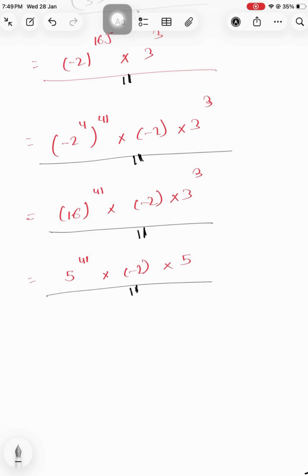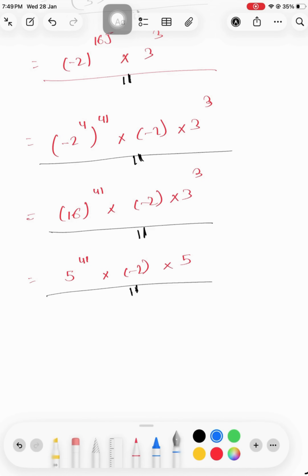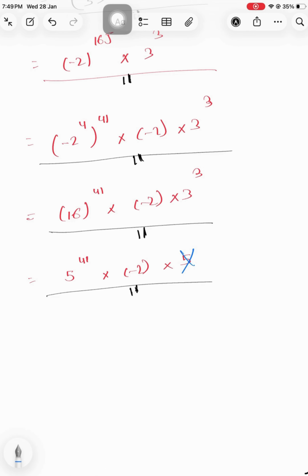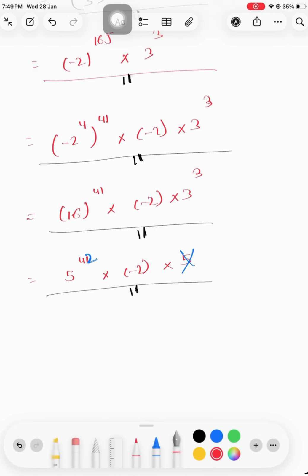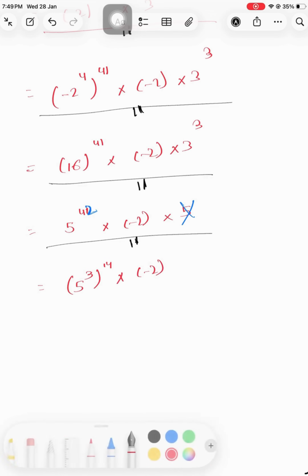We can simply increase this power of 41 to 42 by removing this one extra 5. Now this 5 raised to the power of 42 can also be written as 5 cube within a bracket to the power of 14 into this -2 upon 11.